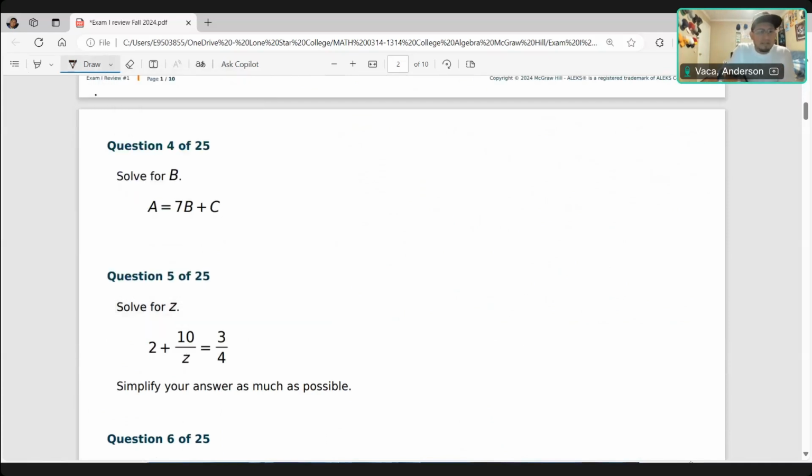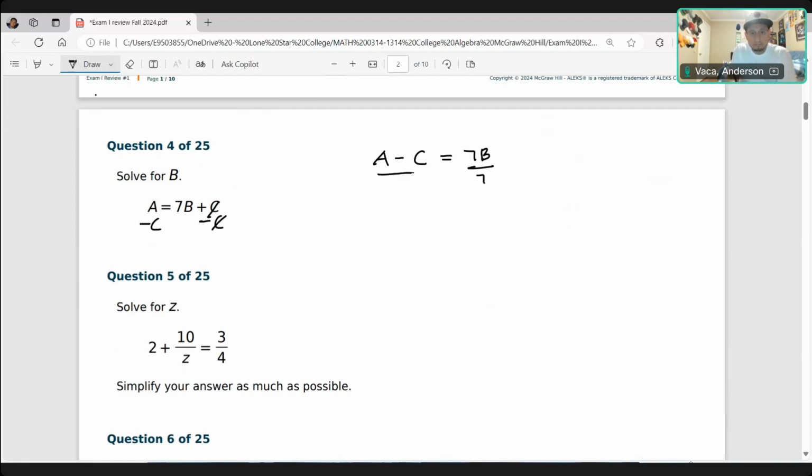We need to solve for b. Again, this looks very linear-ish, and so I am going to take away c from both sides. A minus c is equal to 7 times b. What does it take to get b by itself?